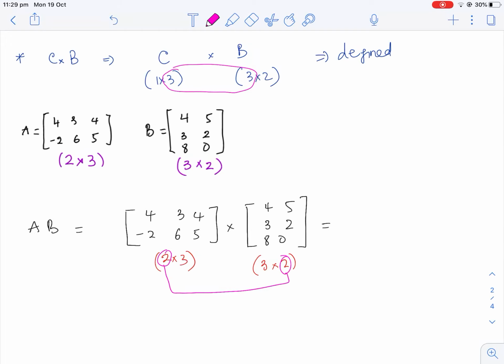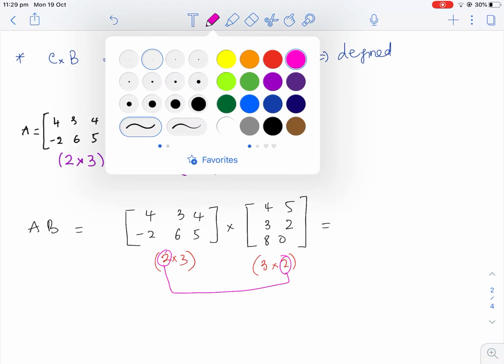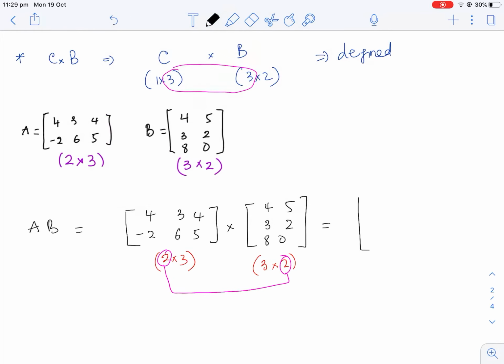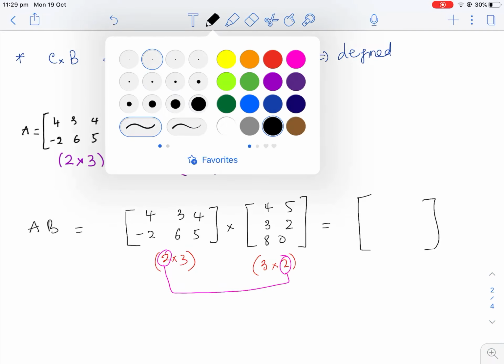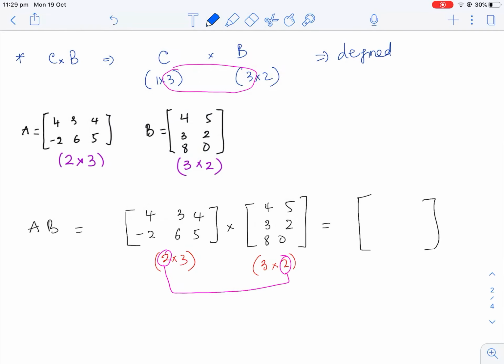So we know that if it's 2 times 2, we write that down. We prepare a space for a 2 times 2 matrix. And a 2 times 2 matrix is going to have 4 elements. So this one is row 1, row 2, and column 1, column 2. So the first cell here is the intersection between row 1 and column 1. So what I'll do, I write here row 1, column 1.